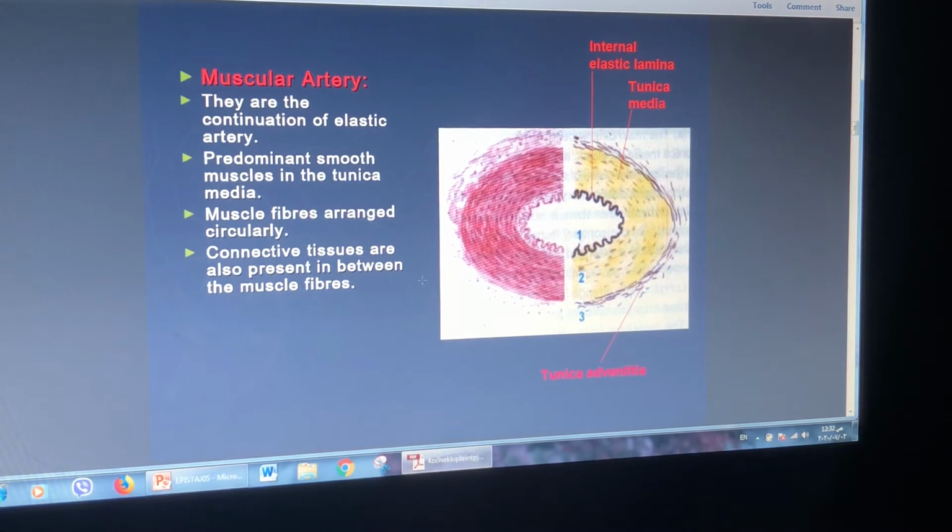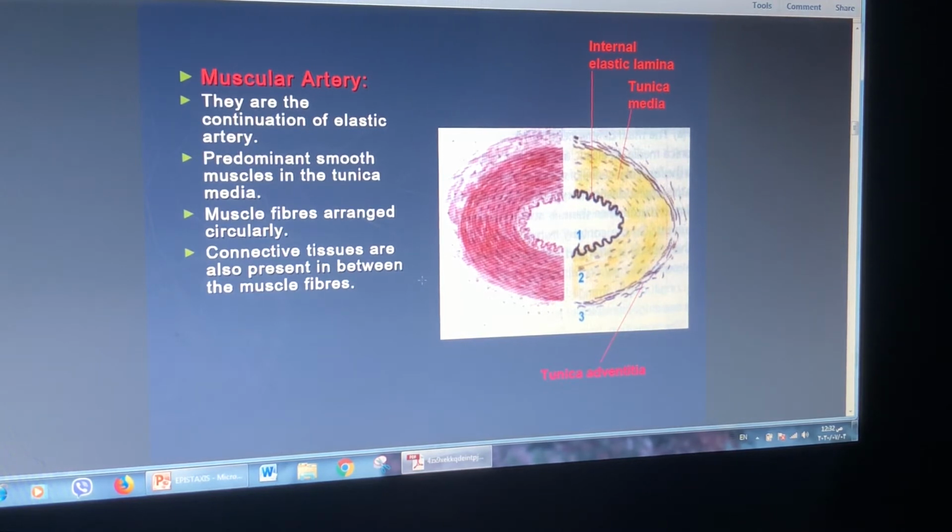Now, the muscular arteries. They are a continuation of the elastic arteries, with predominant smooth muscle in the tunica media. Muscle fibers are arranged circularly.